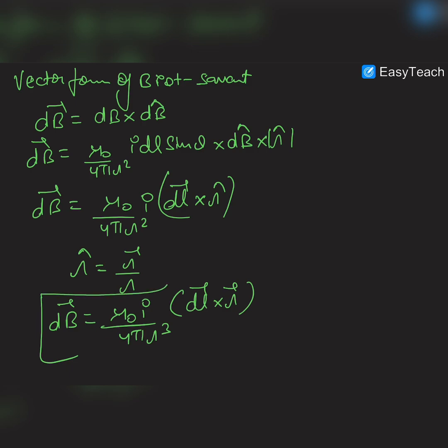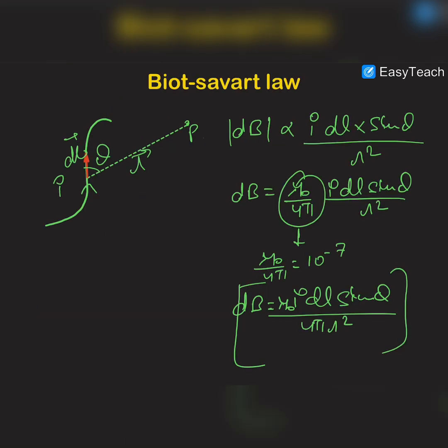We can also predict the direction of magnetic field by this law. You can see that this dl in our case was like that and r is like that. So the plane containing dl and r is the plane of this screen.